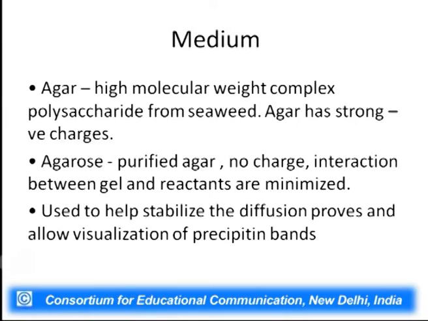What is the medium we use? We can use agar, we can use agarose, or both. Agarose is nothing but purified agar. That means there should be no charge, there should be no interaction between gel and reactants, minimized so that there is no cross reactivity. Agar is a high molecular weight polysaccharide from seaweed, but it has a very strong negative charge.